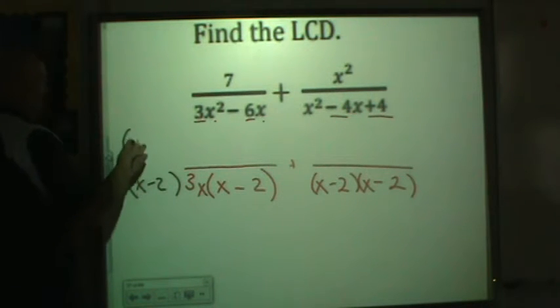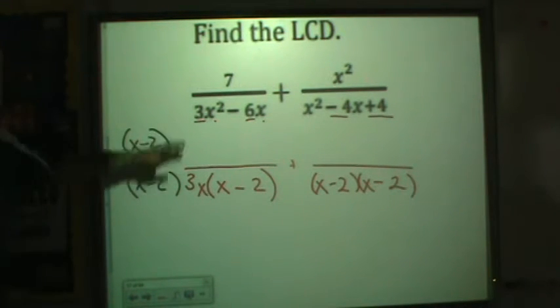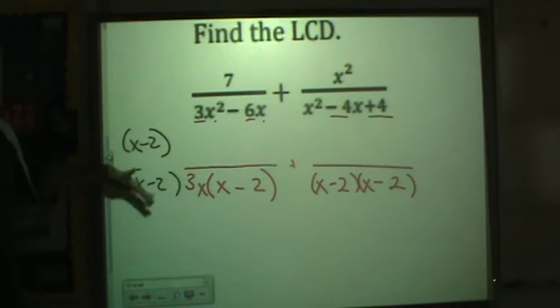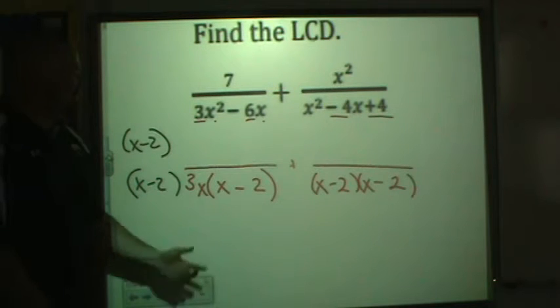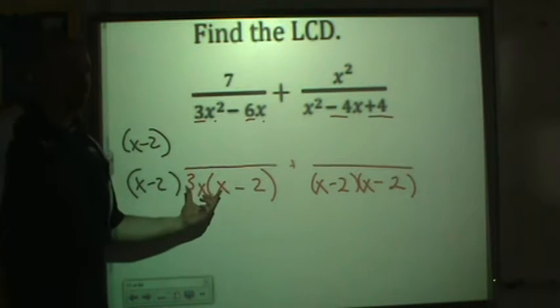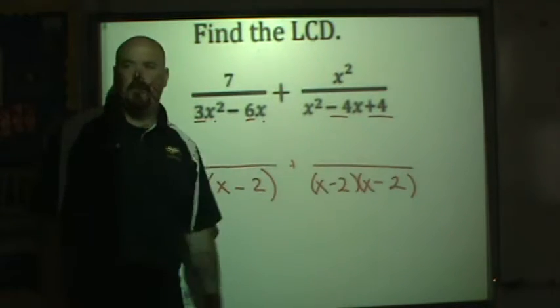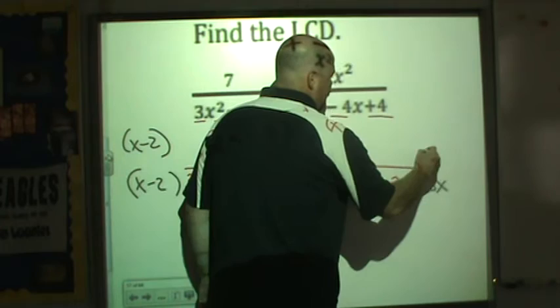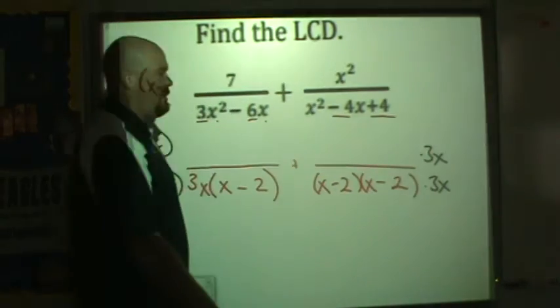And then remember that whatever we do to the bottom, we have to do to the top. We're not actually going to add these because it's not asking us to, but I just want to do that for consistency's sake. And then when I have this original denominator here, what was missing from over here? 3x. So I would multiply this by 3x on the top and the bottom as well.